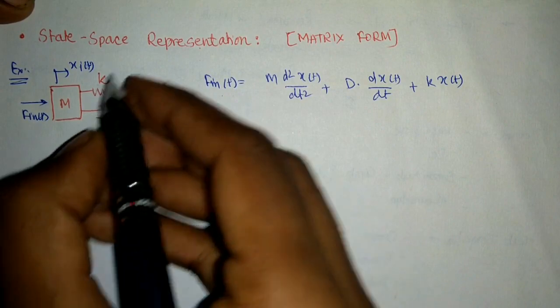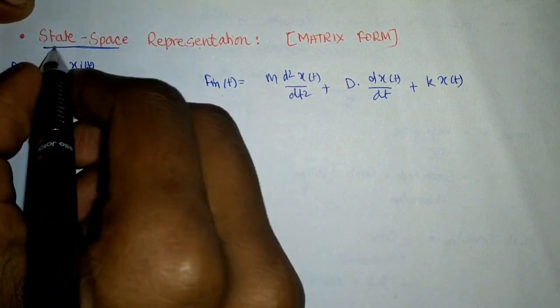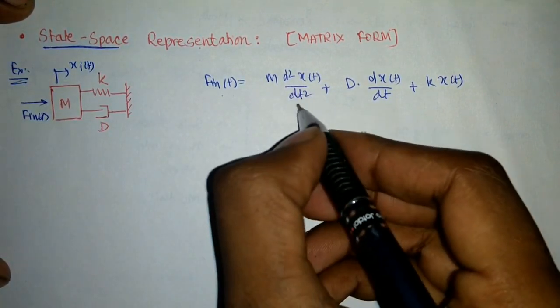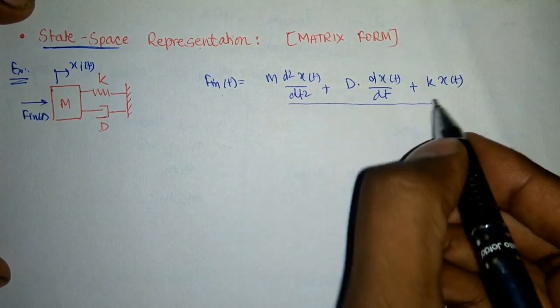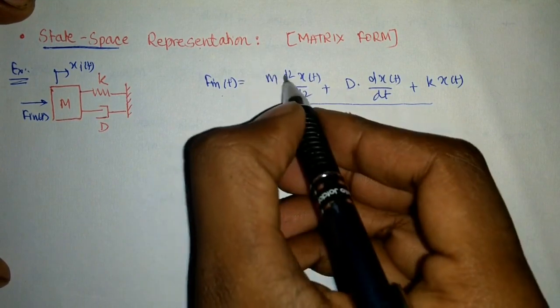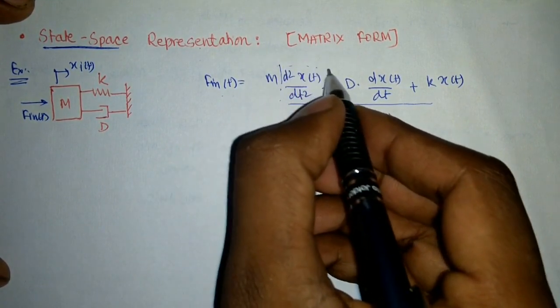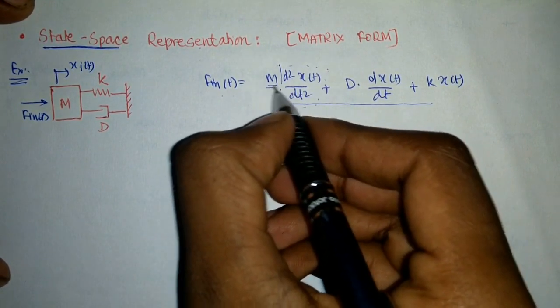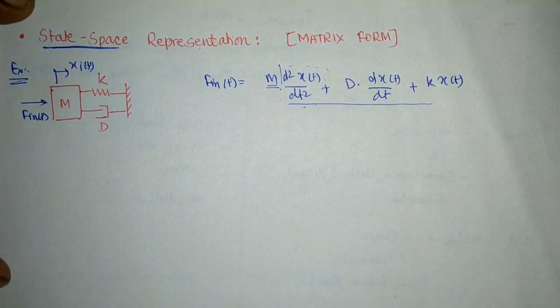Now, when I am writing the state space representation, the very first thing is I need to arrange the terms in decreasing order of their power, and the term with the maximum power has to have a coefficient of 1, so it cannot have m here.